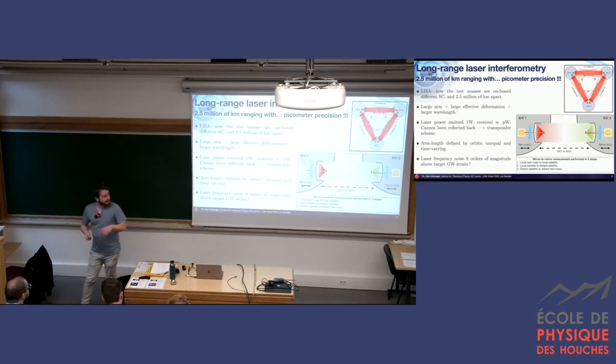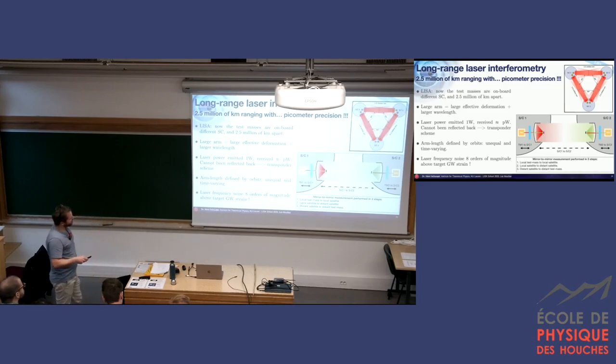Yes, and the second part that we didn't test for LISA with LISA Pathfinder is the fact that these test mass to test mass measurements are not 20 centimeters apart, but they're 2.5 million kilometers apart, which makes something a bit different. And you need that because you need a large effective deformation to be sensitive to more low frequency.